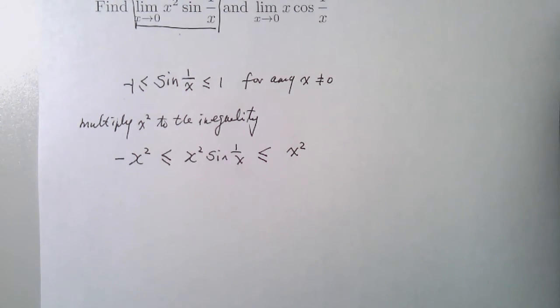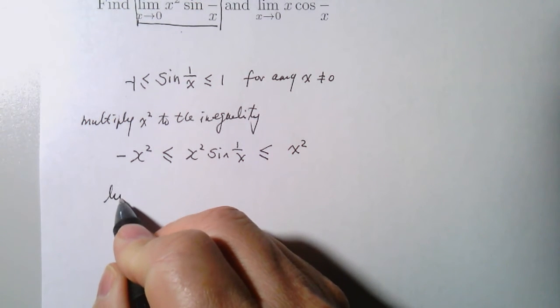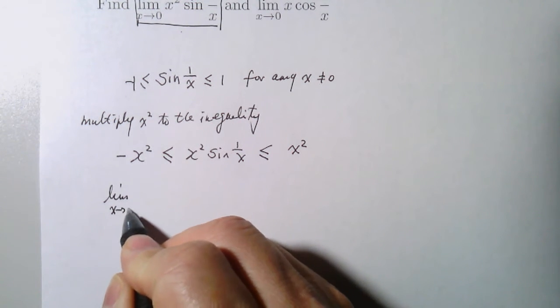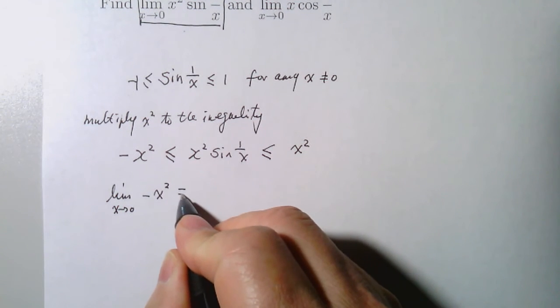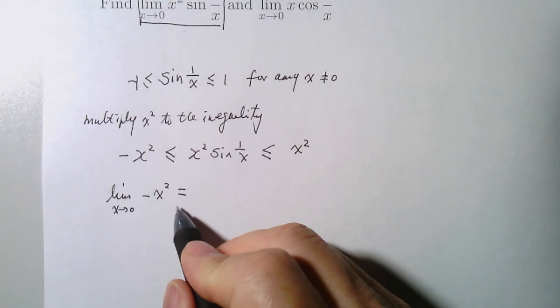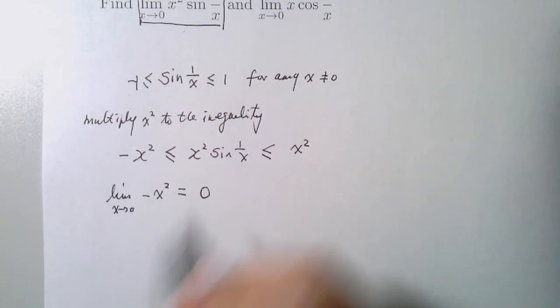Now it's time to use the squeeze theorem. Because the limit as x goes to 0 of negative x squared, because it's a polynomial, you just go ahead and do the substitution, so that's equal to 0.